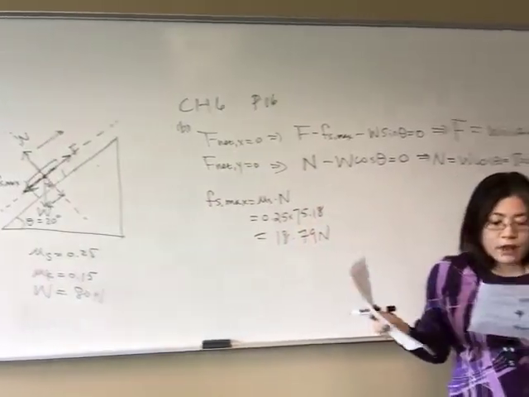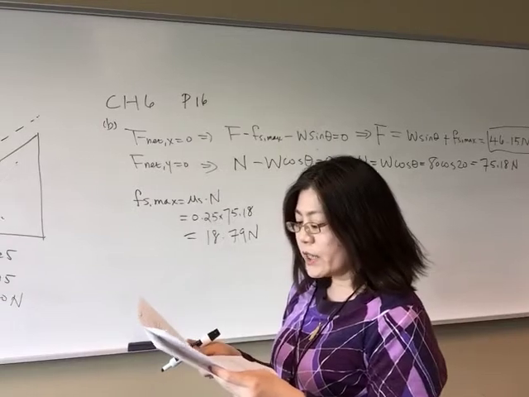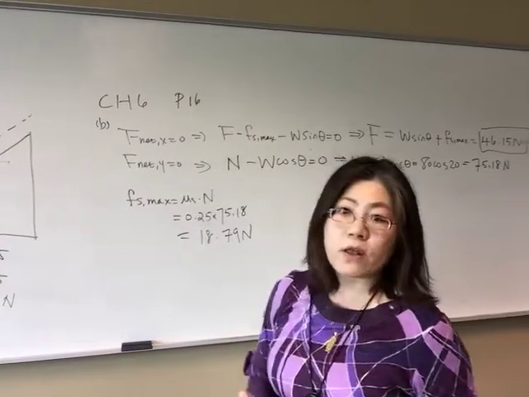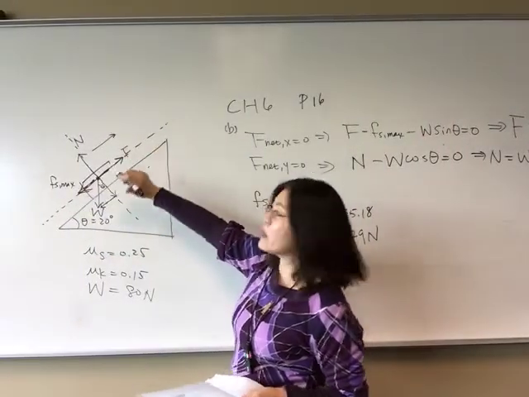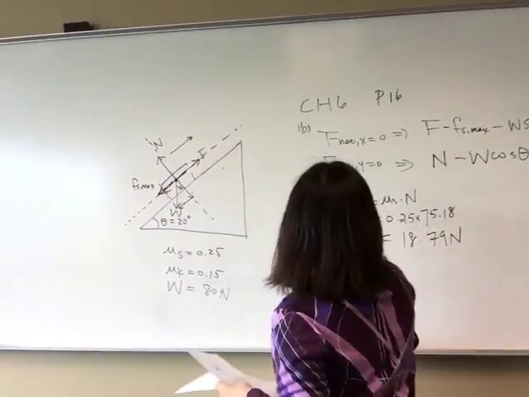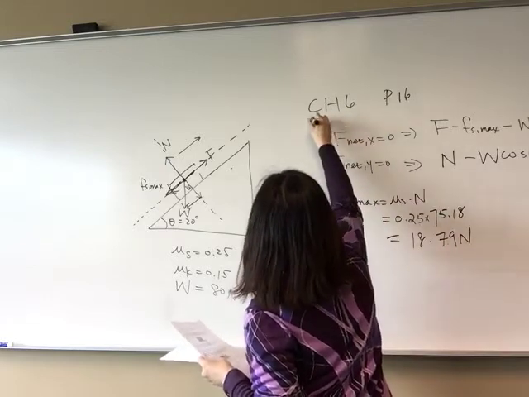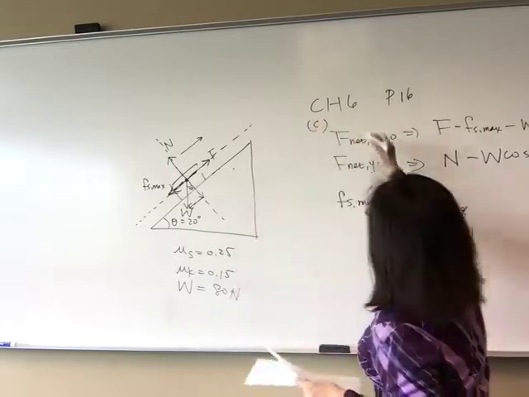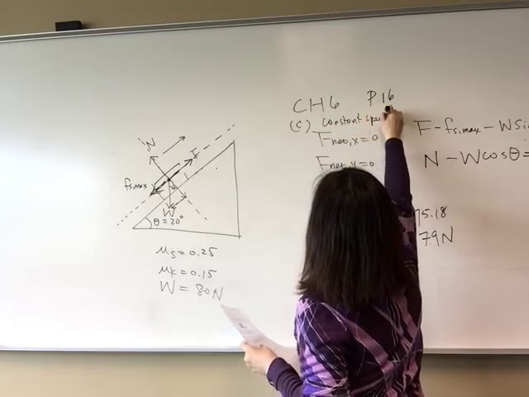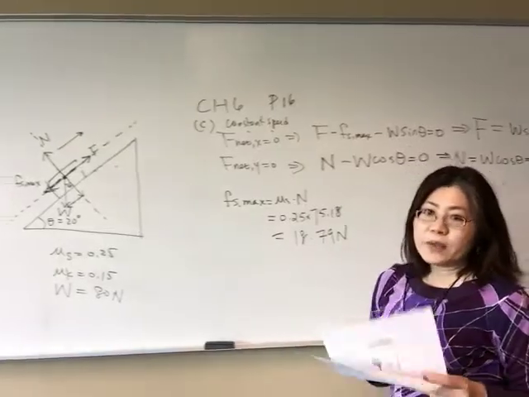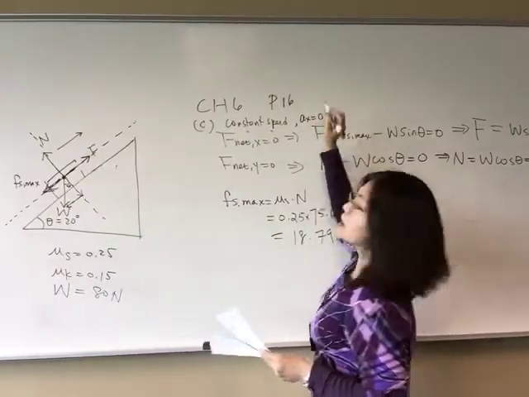Now, part C says what value of F is required to move the sled up the plane at constant velocity. Now, the whole thing is moving up, but at a constant velocity. So part C here is that now it's moving at constant speed. When it's moving at constant speed, what it means is that acceleration horizontally has to be 0.